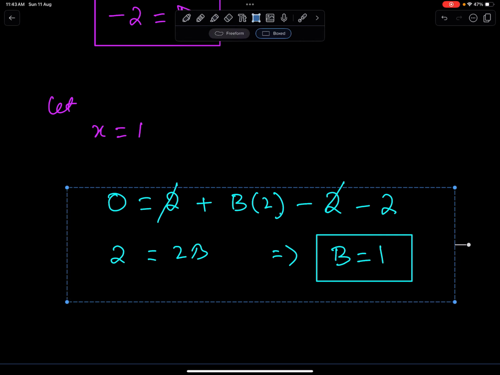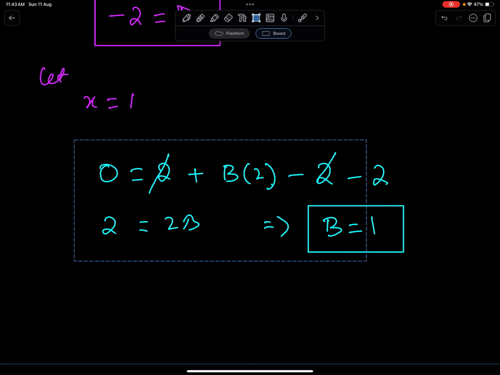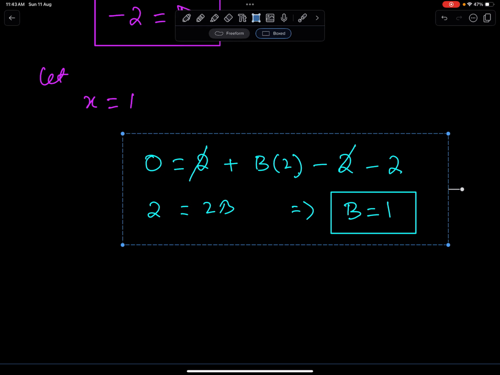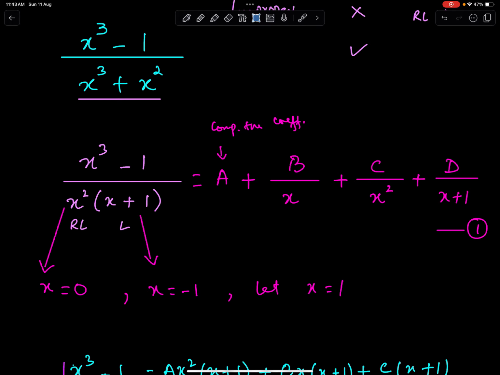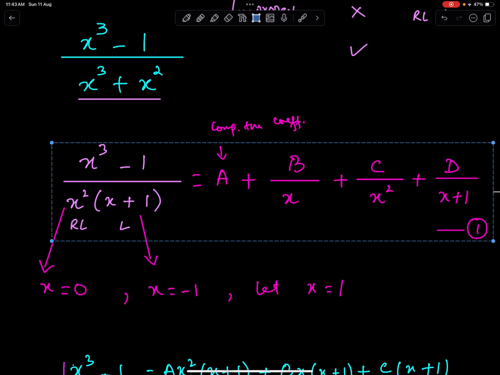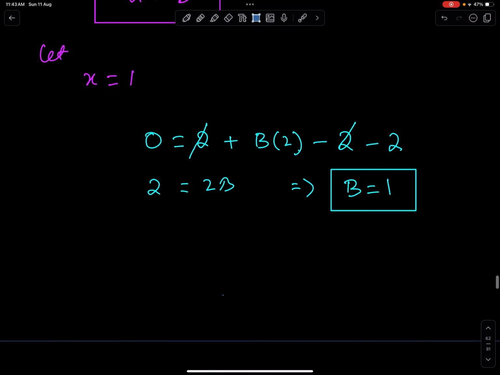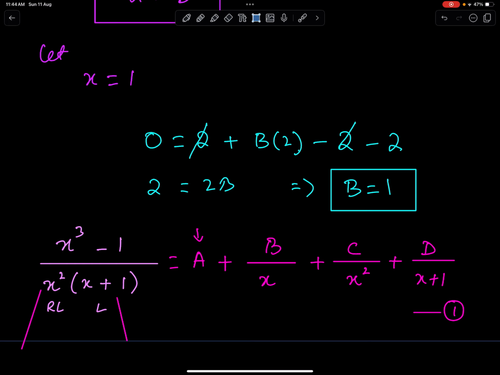Now let's substitute all these values of a, b, c and d into equation number 1. This is equation number 1. This is the compulsory step. You have to substitute the values of unknown constants into this equation.